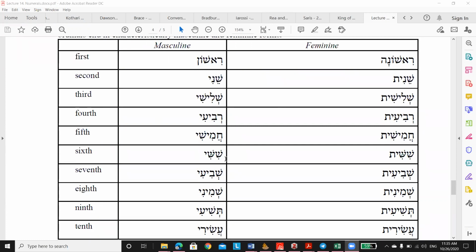They are not as complicated as for the cardinal numerals. The first is Rishon, or Rishona when it is feminine. Second is Sheni or Shenit, Shlishi, Revi'i, Hamishi. So every time we have this i ending, it means that this is an ordinal number. Shishi, Shvi'i, and so on and so forth.